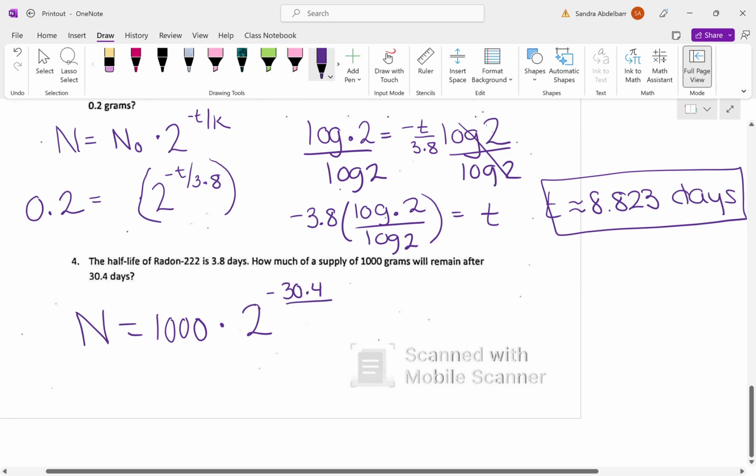And what is the decay? 3.8. I would just type this all into my calculator just like this. So n is approximately, give me 3 decimal places, 3.906 grams. You got it.